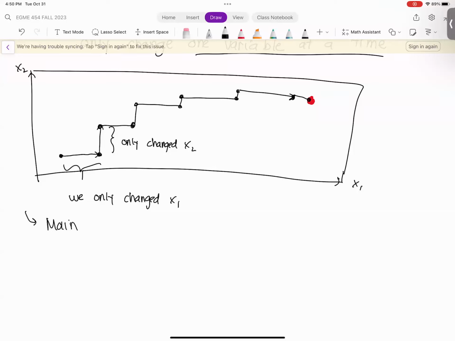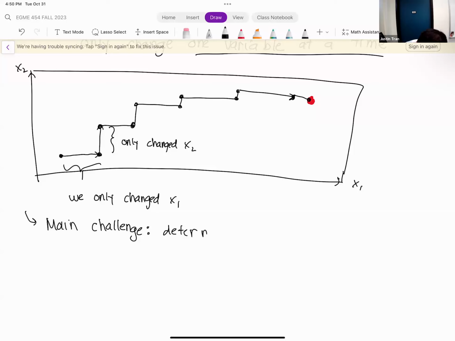So the main challenge is that the way we're going to do step length in this is going to be different from random walk. In random walk, we assumed the same step length and reduced it over time, but in this case, because the direction is fixed, we want to choose our step length such that it leads to the biggest improvement of the objective function.